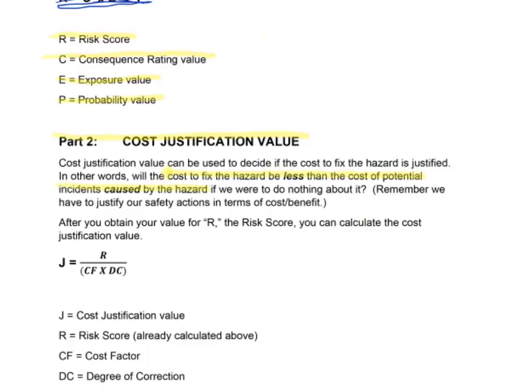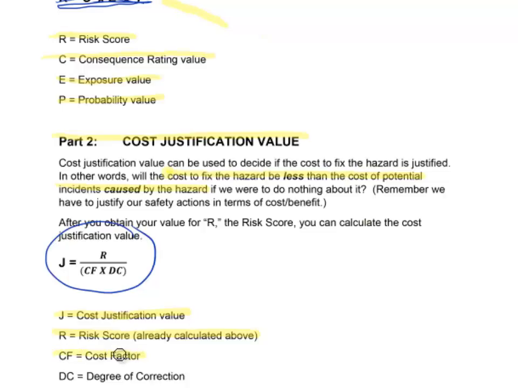It's not a difficult calculation again, but we have to use the R value that we obtained in the first one. So J equals R divided by CF times DC. So J is our cost justification value. That's what we'll get after we finish our calculation. R is the risk score, and of course that's what we get up here when we finish our calculation.